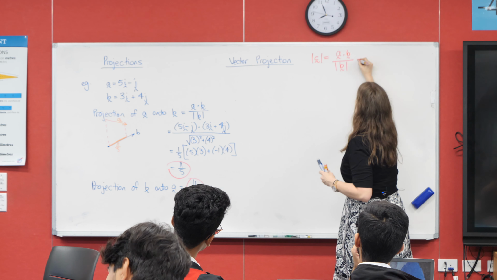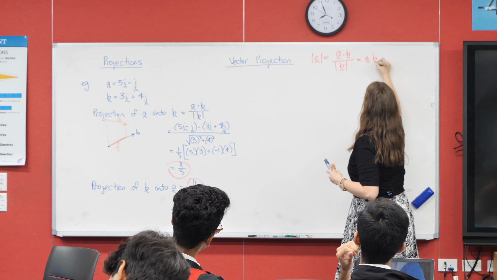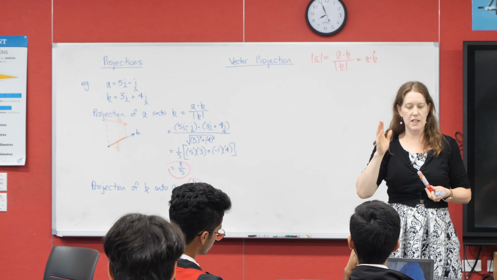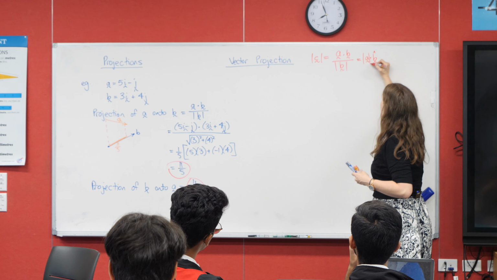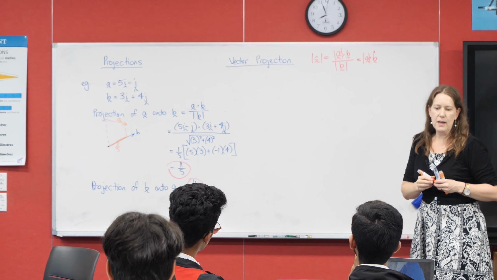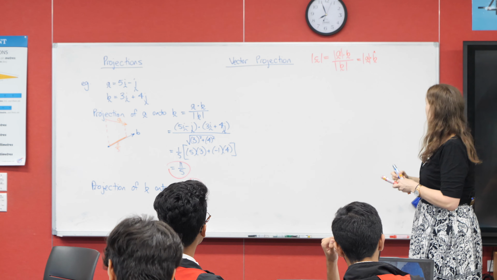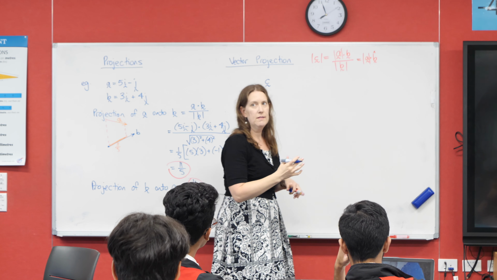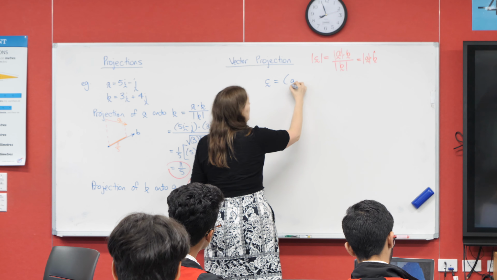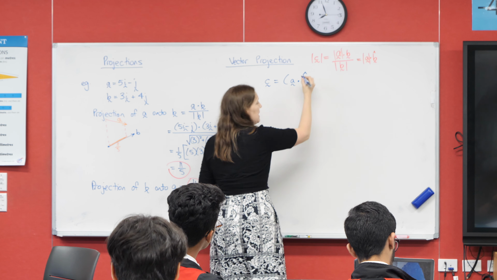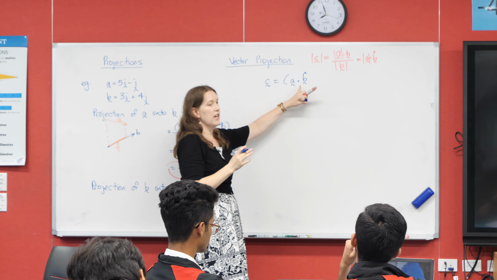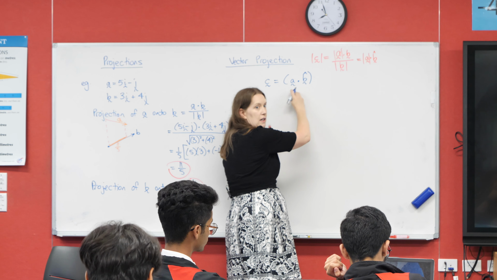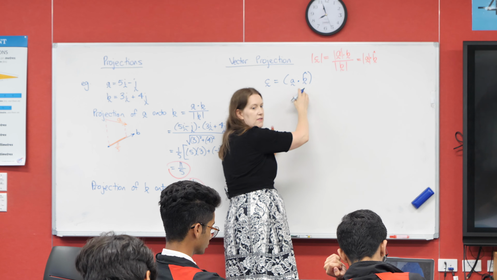Remember that we said that this was equal to A dot the unit vector B, because that's in the direction of B. So we can then say, for a vector projection, that C, which is a vector, is going to be my A vector dot my unit vector B. So that's the scalar projection in the direction of B. But that is a scalar quantity because dot product gives us a scalar.